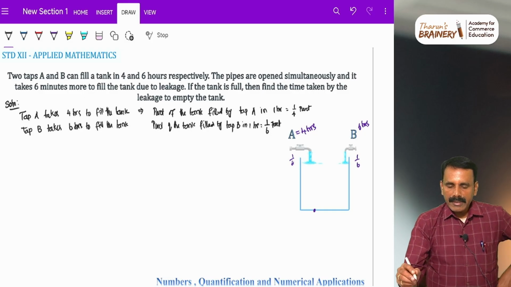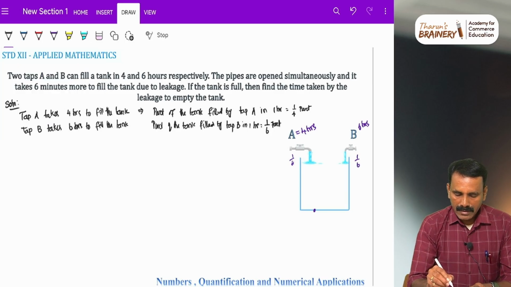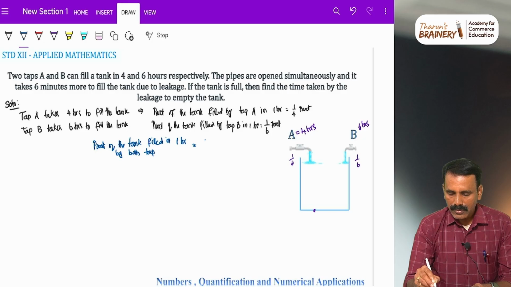Now, when both are operated together, part of the tank filled in 1 hour when both are operated is equal to 1 by 4 plus 1 by 6.